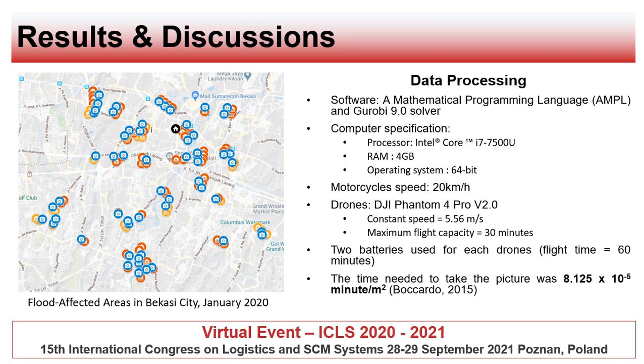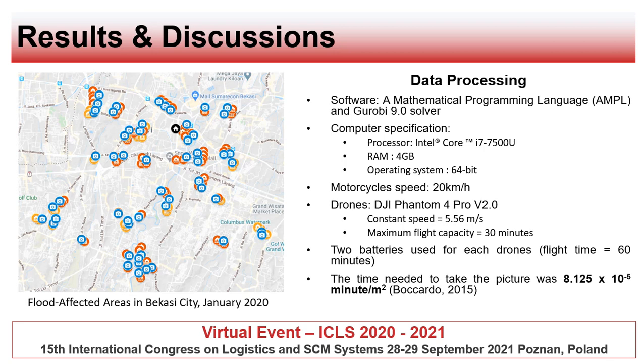so the flood data here in Bekasi city is the one that happened in January 2020. Basically, my students live near the area, so they could collect quite relevant data on that particular site.